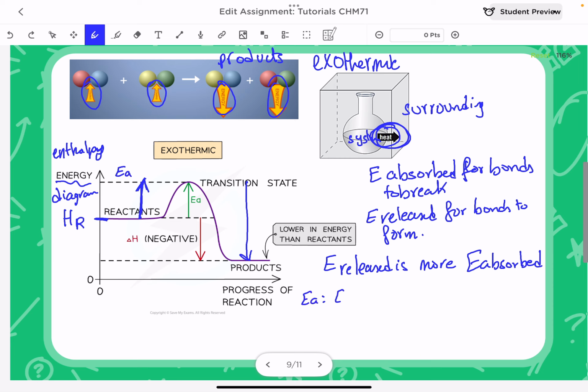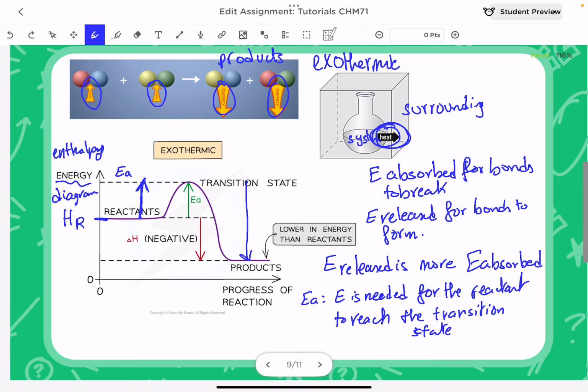So activation energy is the energy needed for the reactants to reach the transition state and start breaking their bonds. So here's the enthalpy of the reactant, and here are the reactants absorbing energy.